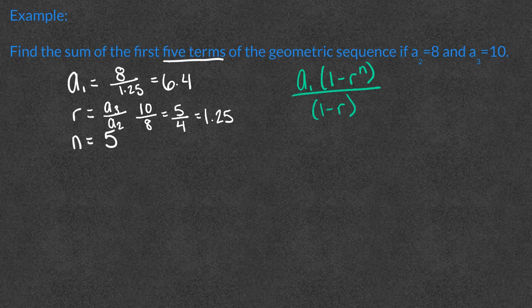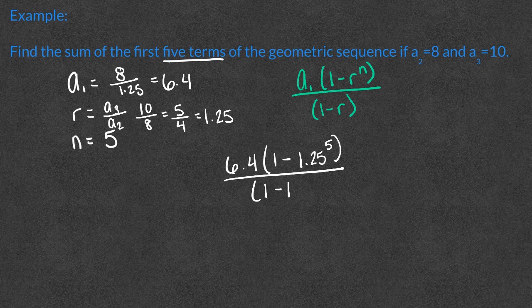So again, I can go ahead and plug in my values. I'm going to start off with 6.4 times 1 minus my common ratio, which is 1.25 raised to the 5th power, and then I'm going to divide that by 1 minus 1.25. Now again, it doesn't hurt to remind ourselves where the extra set of parentheses would need to go. I covered up one of them there, just so I can type it into my calculator on Desmos and end up with the correct value.